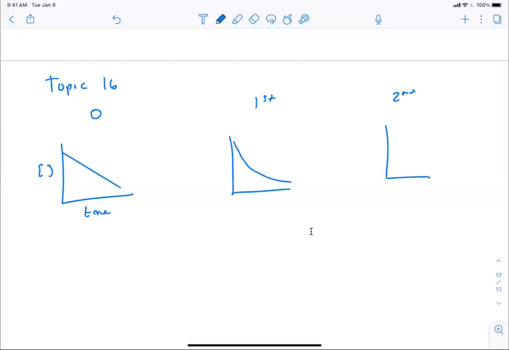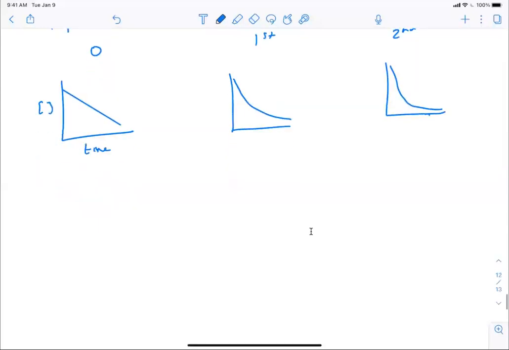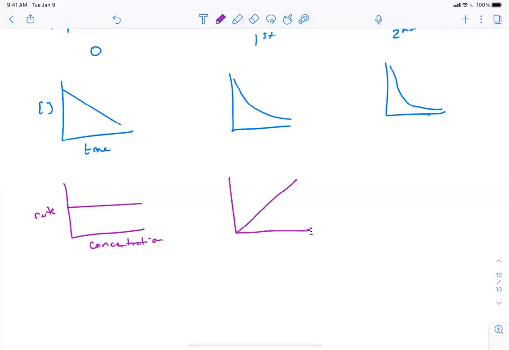it looks like this for the reaction. But then you have to remember that if you graph rate versus concentration, then it'll look like this. I think the rate versus concentration graphs are easy because they correlate to the rate law, right?